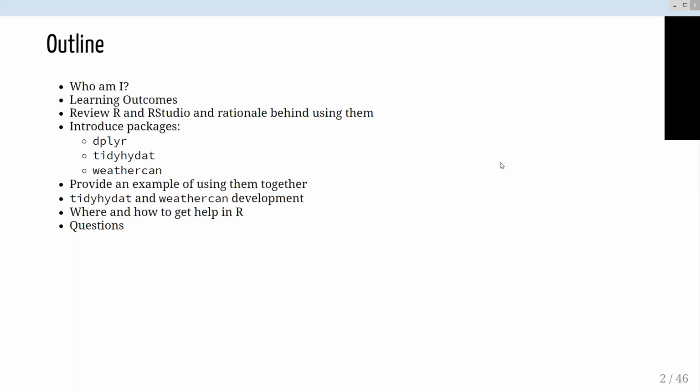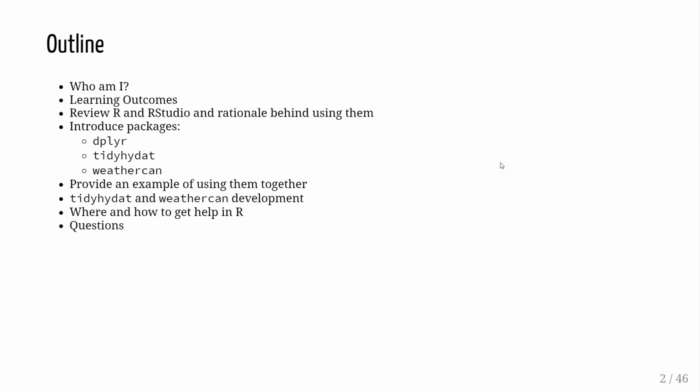So just to get somewhat of a baseline for folks, I'll start with reviewing some R stuff and some RStudio stuff, and hopefully build off of the last webinar that Rob gave. And then from there, the meat of the presentation is to introduce 3 packages.